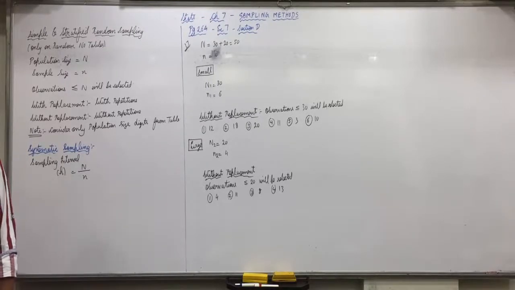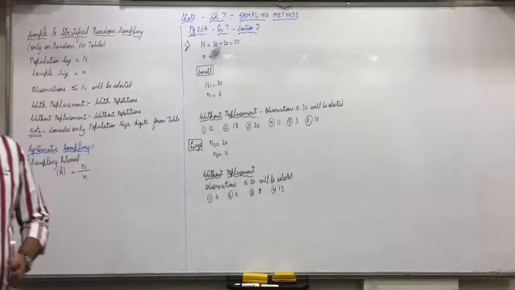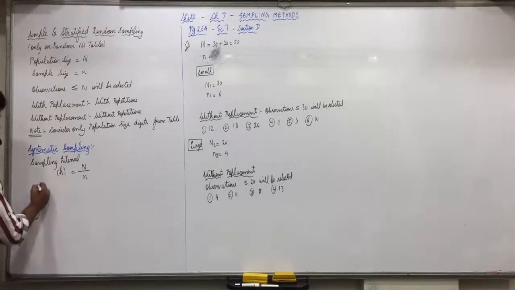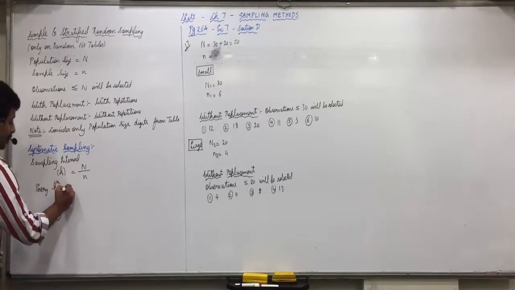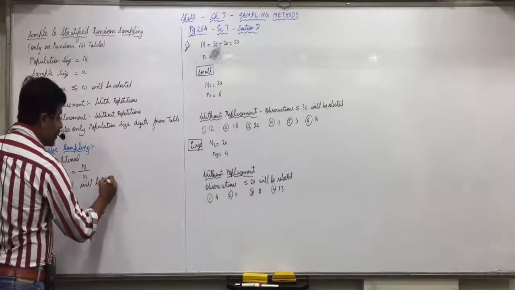Every 7th unit will be selected. First you select any one number from 1 to 7. Suppose 3. Then every 7th unit: 3 plus 7, 10. 10 plus 7, 17. 17 plus 7, 24 and so on. So first you'll find the sampling interval K, capital N upon small n, and then every kth unit will be selected.